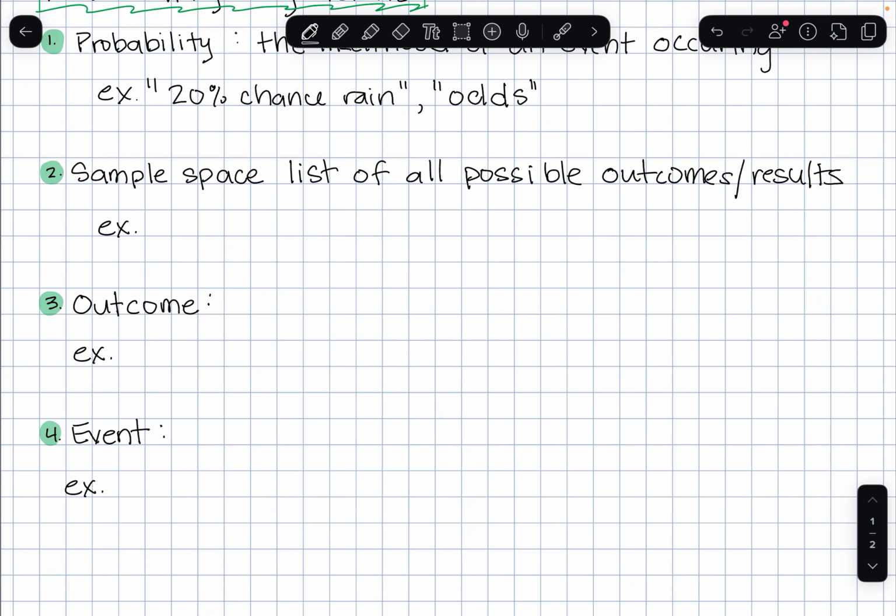For example, if I roll a fair 6-sided die, that die has 6 sides. They are numbered 1 through 6, so my sample space, S, would be the list of the numbers 1 through 6.